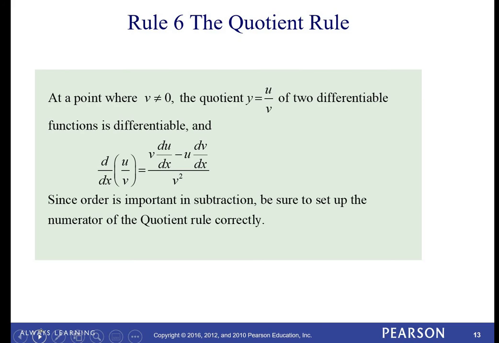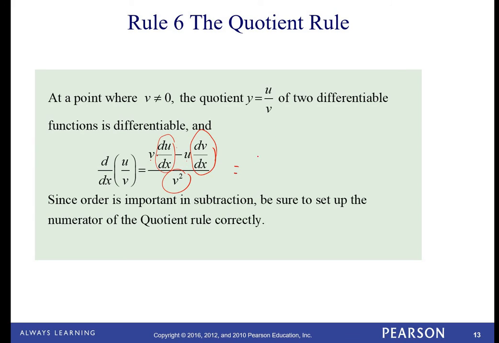And if we have a product rule, we probably need a quotient rule. At a point where v does not equal 0, the quotient of u over v is differentiable, and the derivative of u over v is v times the derivative of u minus u times the derivative of v over v squared.